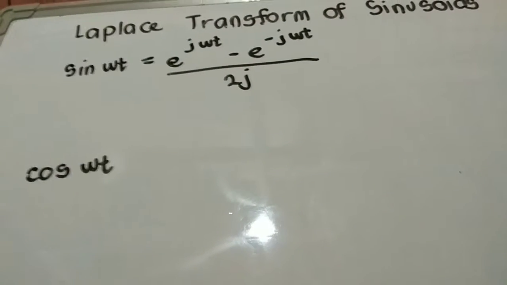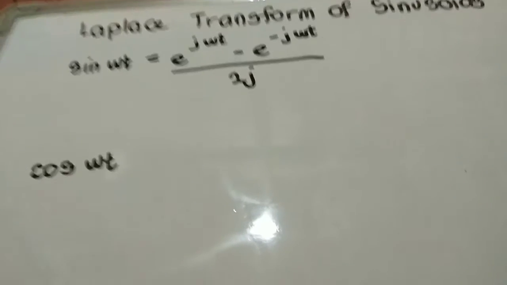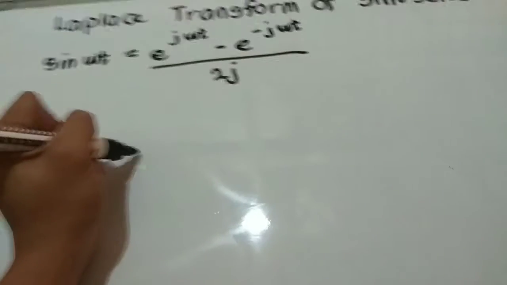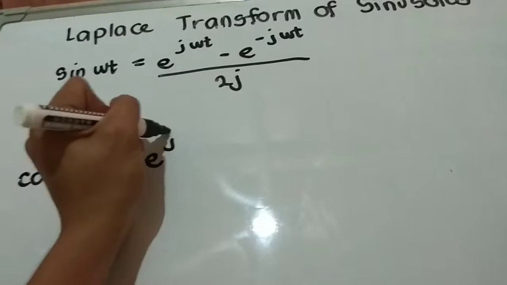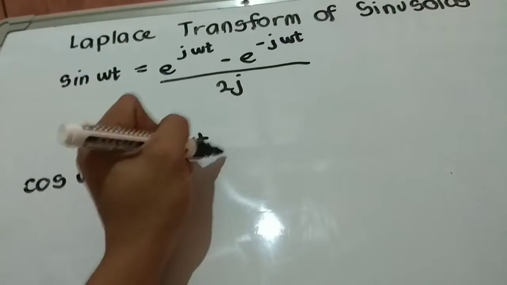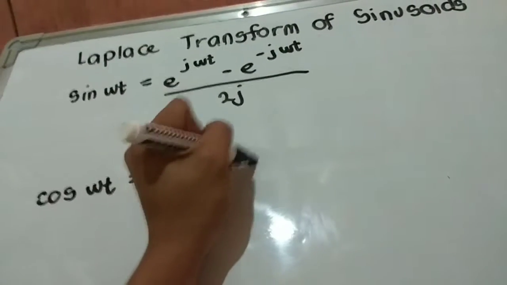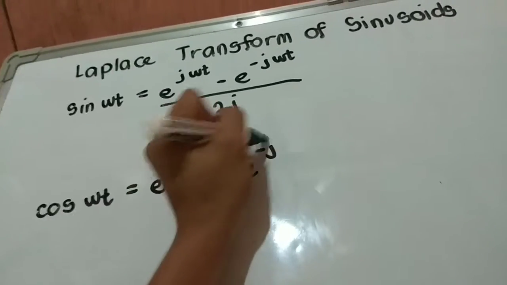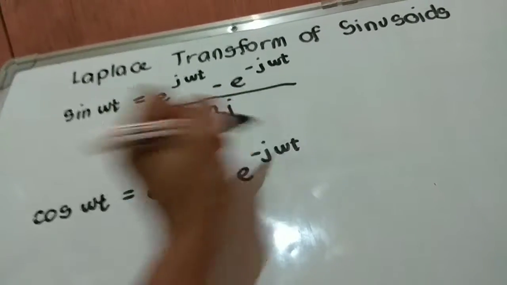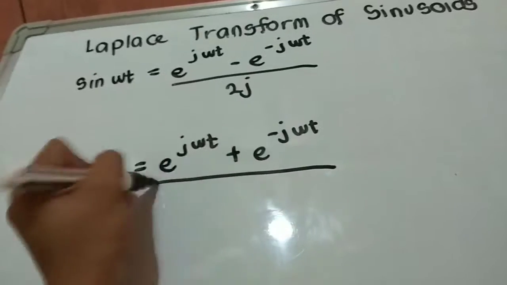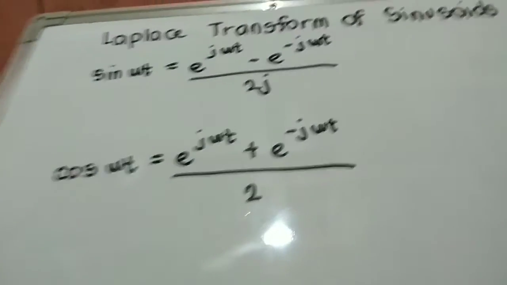And the Euler's equation of cosine is equal to e to the power of j omega t plus e to the power of negative j omega t, all over 2.